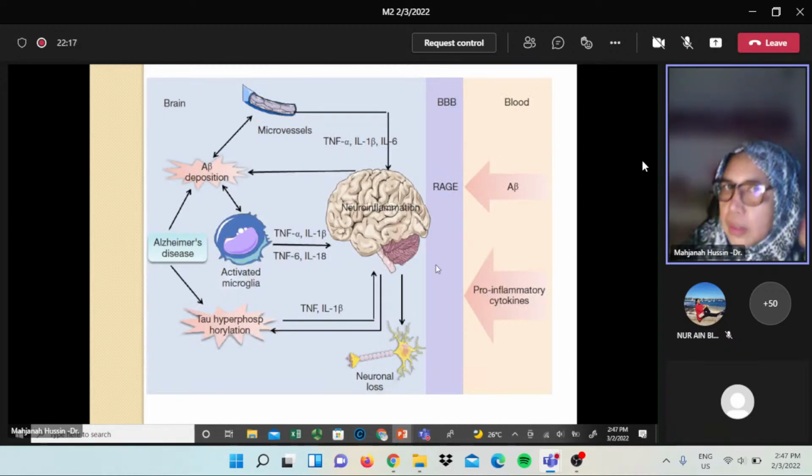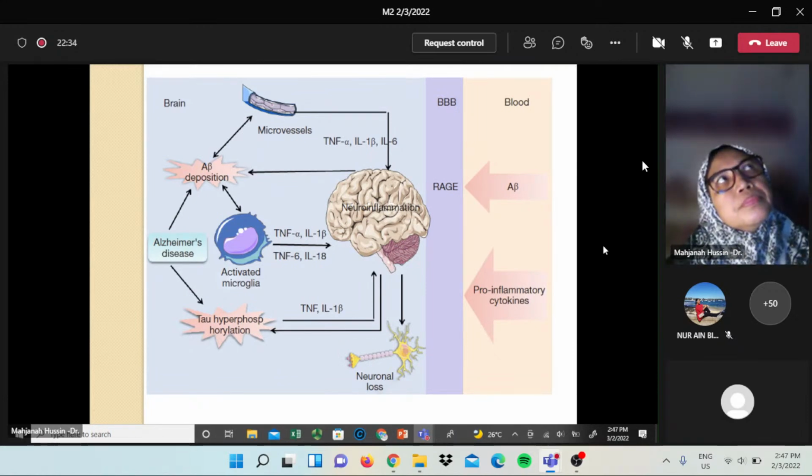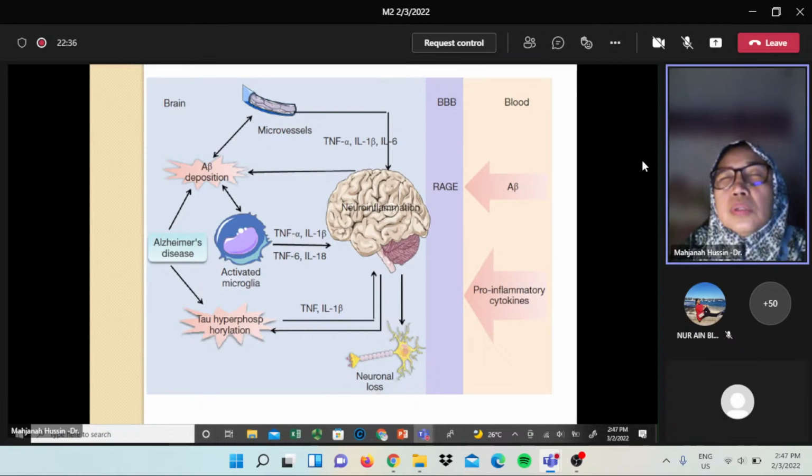So here is your blood-brain barrier, where some can go through, and some cannot go through by normal transport. Some will go through the blood vessel and then the activated microglia, and then you have hyperphosphorylation.